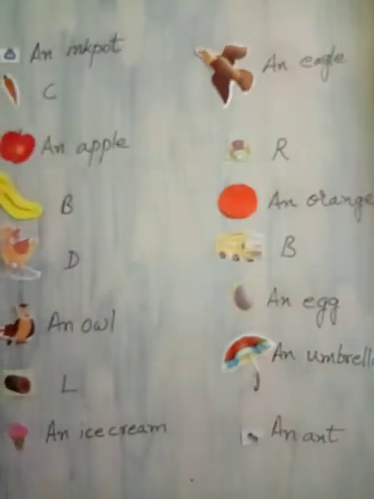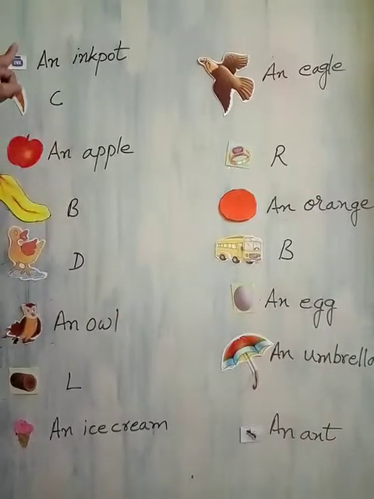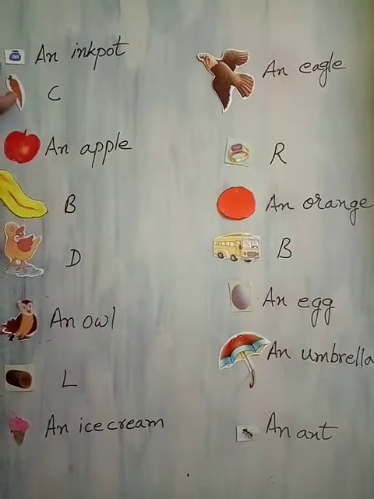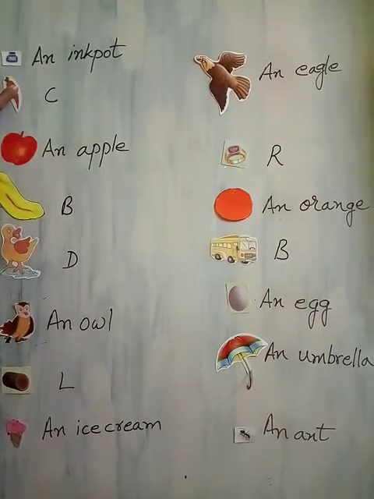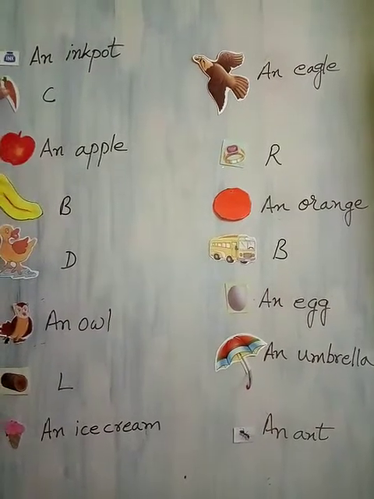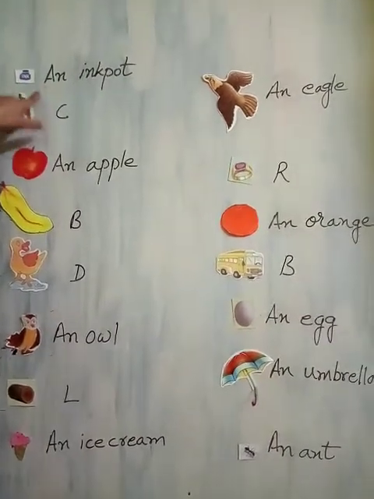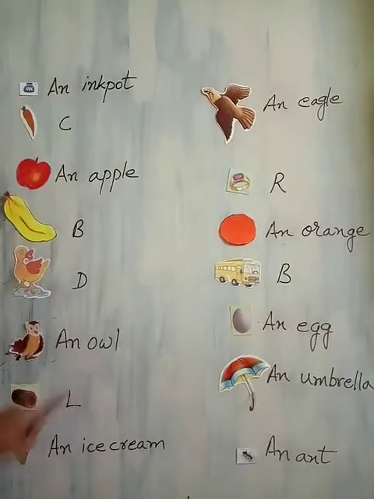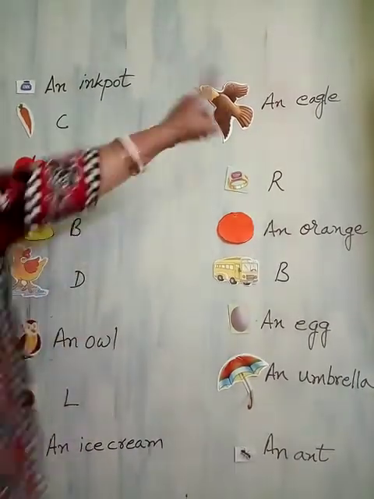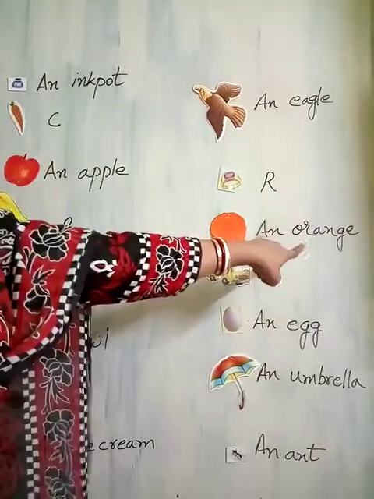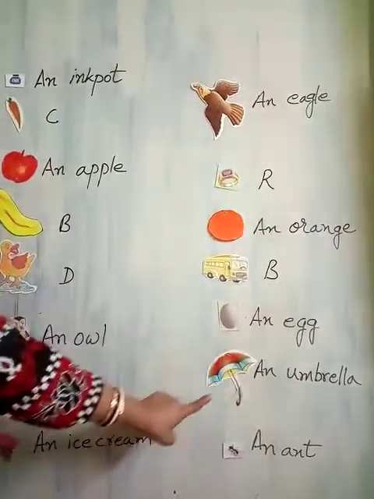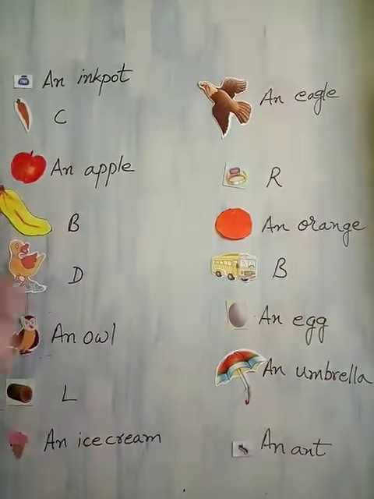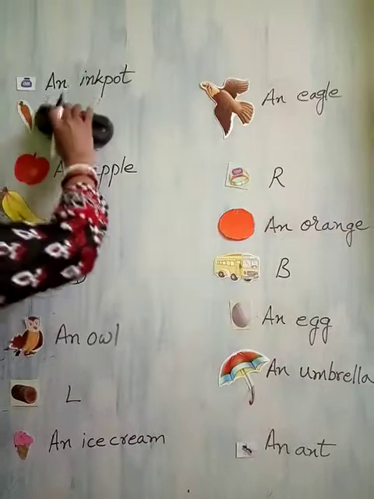So, students, did you observe that wherever the picture starts with A, E, I, O, U, I have written an ink pot, an apple, an owl, an ice cream, an eagle, an orange, an egg, an umbrella, an ant.